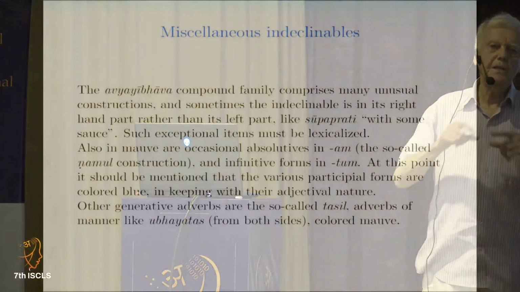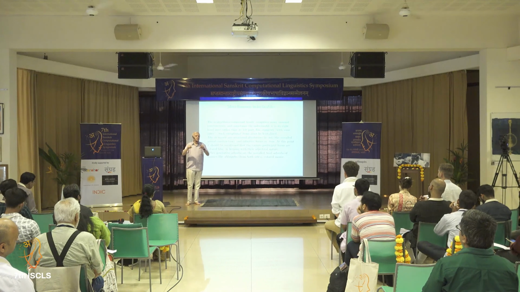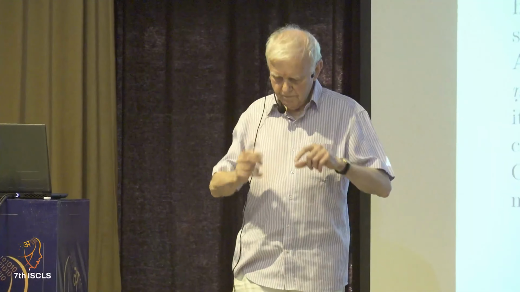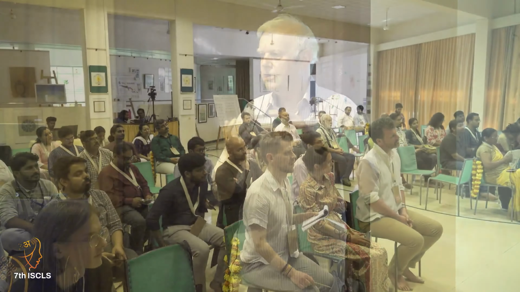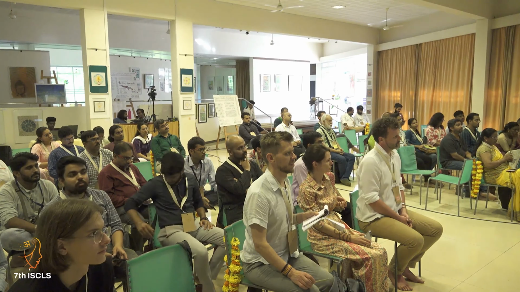But in the interface, you can see their krdanta nature, because if you click on this colored rectangle, you get the actual morphological construction. It tells you that it's a participle coming from that root with some suffix and so on. And other generative adverbs are the so-called taddhitas, like ubhayatah, which are colored mauve also. So you have some variety of indeclinables.